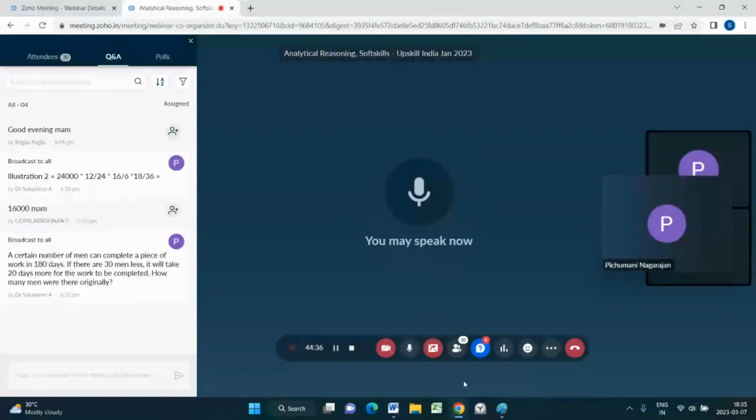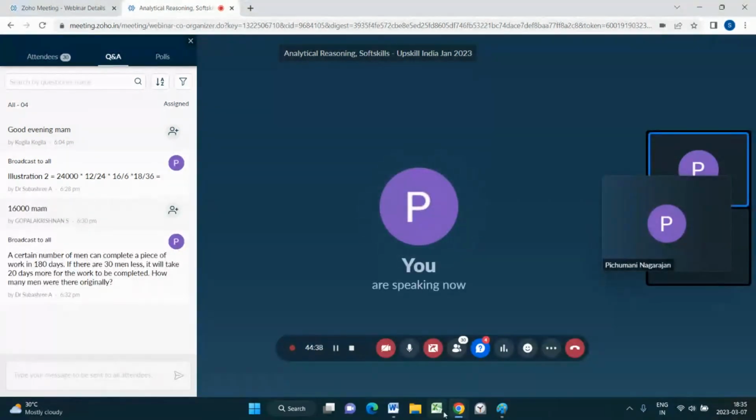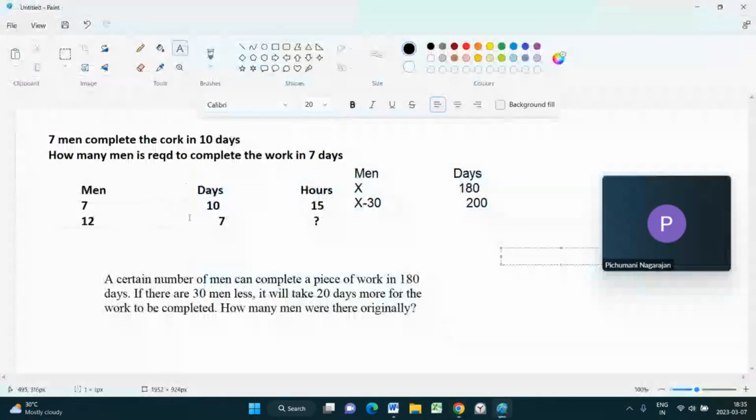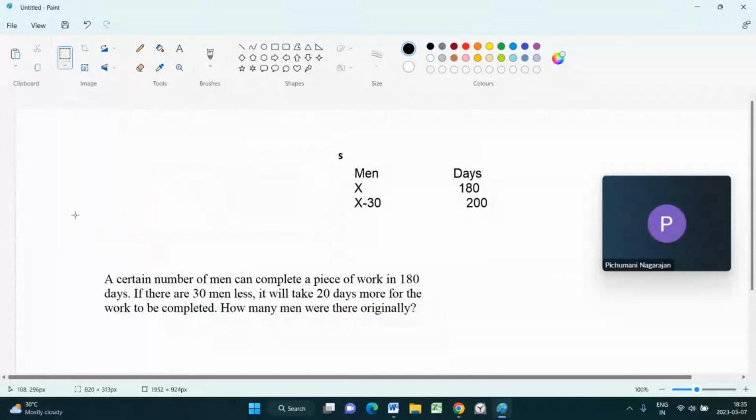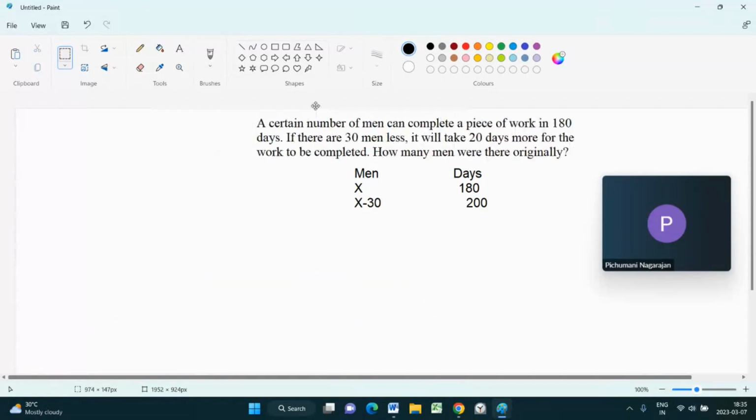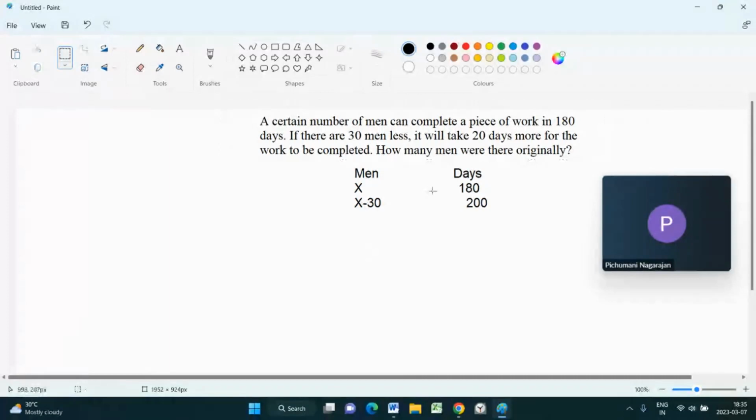If you have completed, it is like this. There are X men. They complete in 180 days. 30 men less, 20 days more.